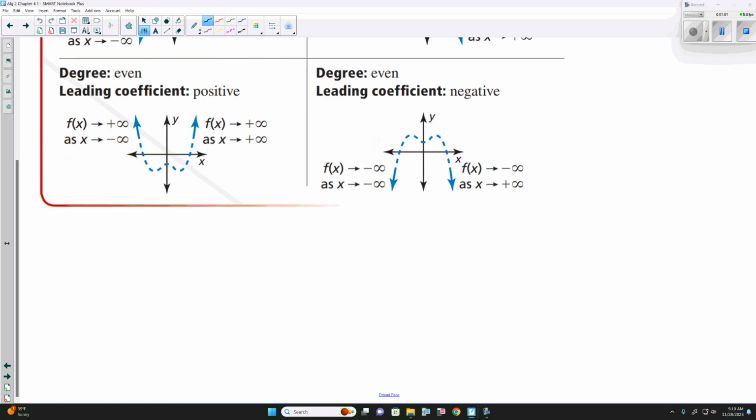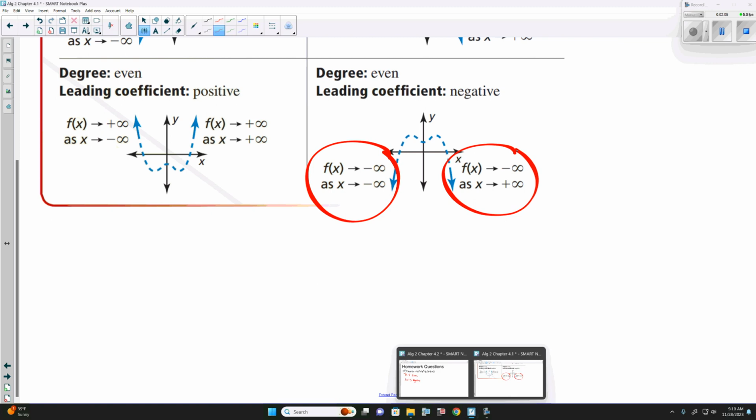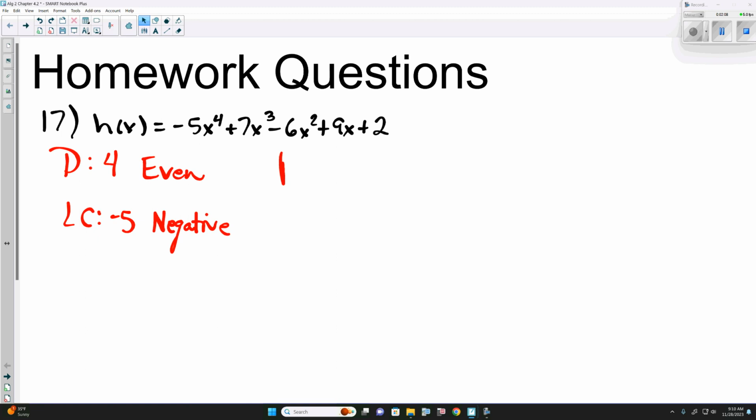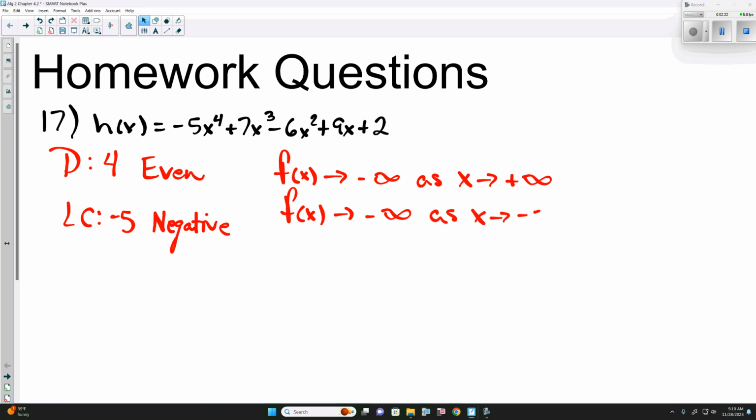So these 2 parts here are the answer. f of x approaches negative infinity as x approaches infinity, and f of x approaches negative infinity as x approaches negative infinity.